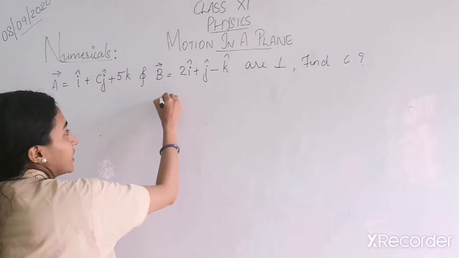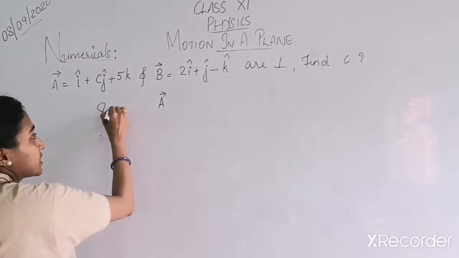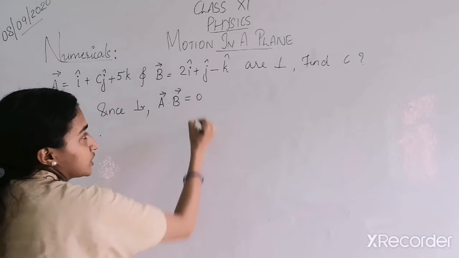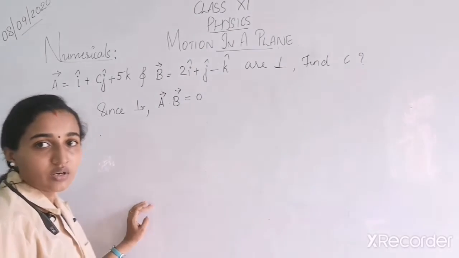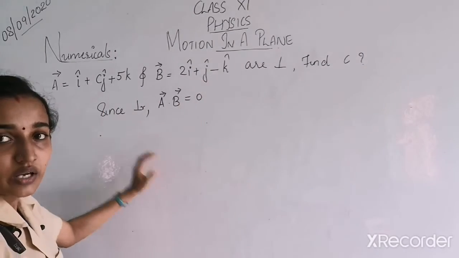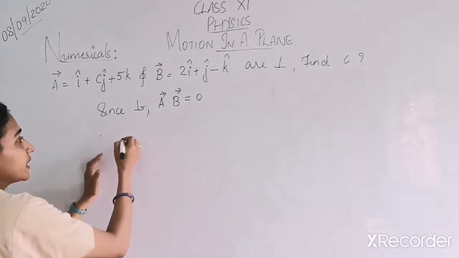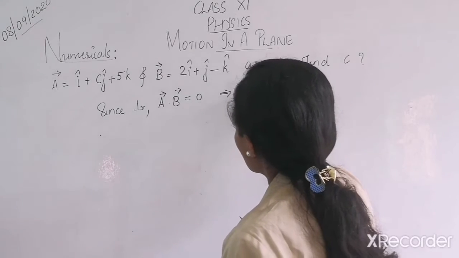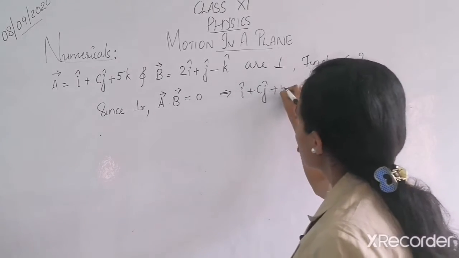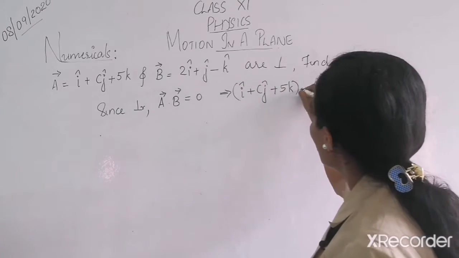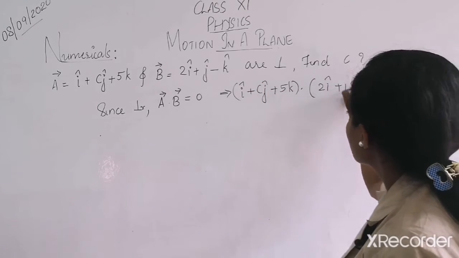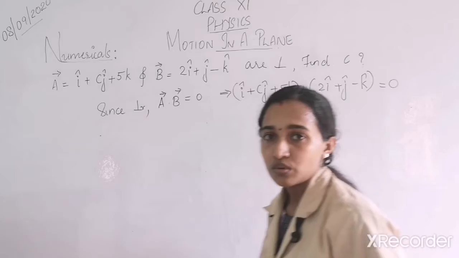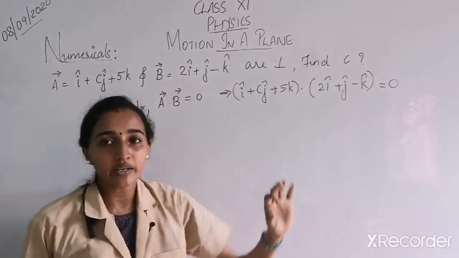So since they are given perpendicular, A dot B will be equal to 0. Got it? Now can you find out A dot B? Here A is given, B is given. So A dot B implies (i + cj + 5k) dot (2i + j - k) will be equal to 0. Isn't it? Now open the bracket and solve it.